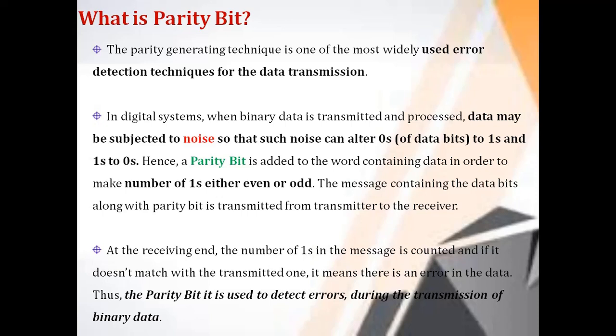So the parity bit is used to detect errors during the transmission of binary data from one end to another. I hope you all understood what a parity bit is.